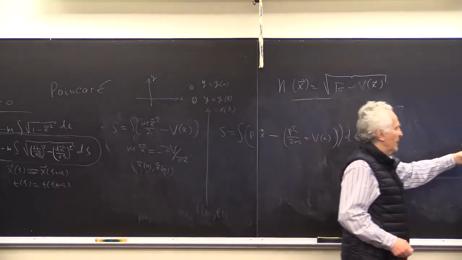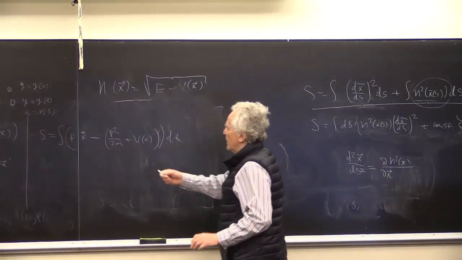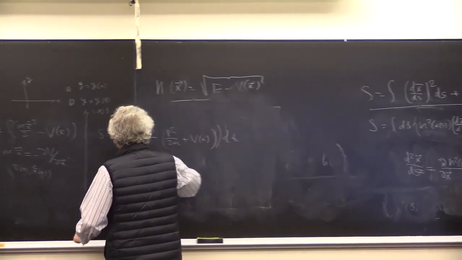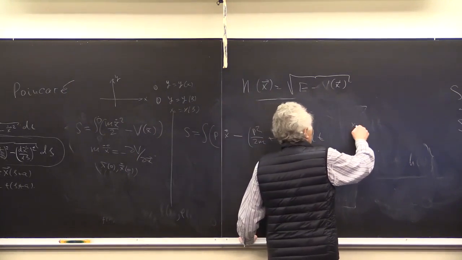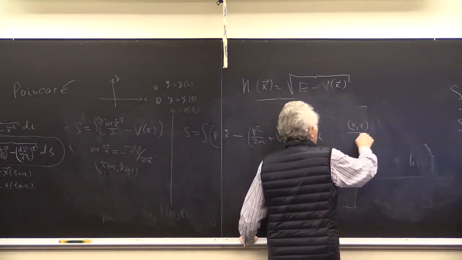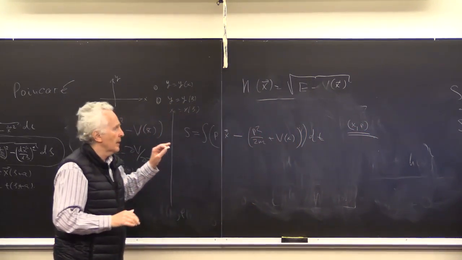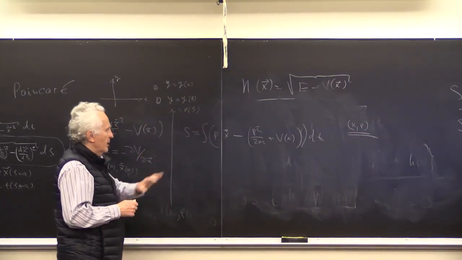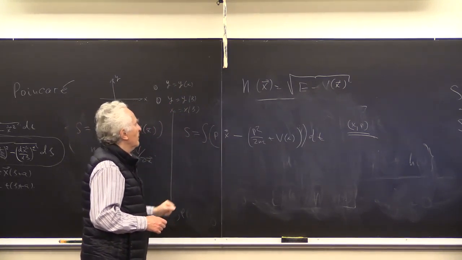This variable is different from what we did here. We introduce a new variable p, and I shall interpret x, p as the phase space, which is very naive at this point, but we need to get some idea.